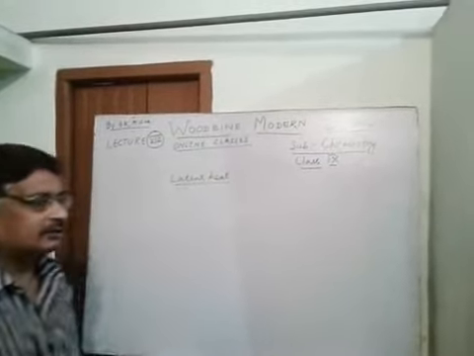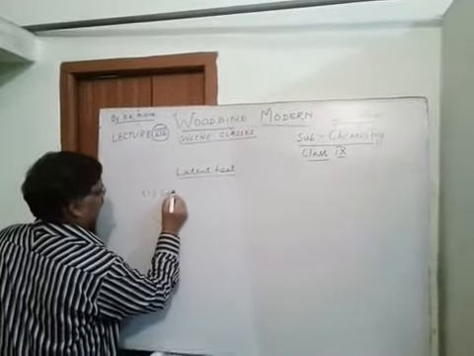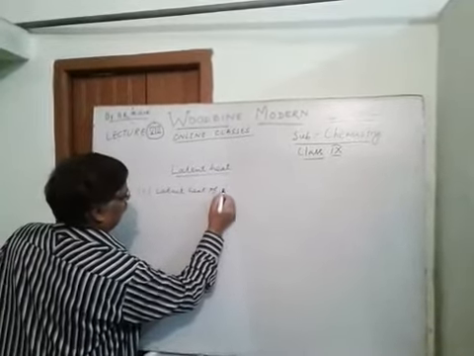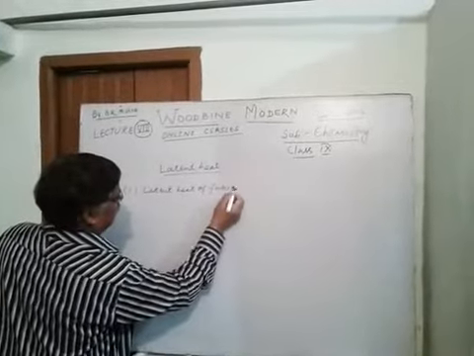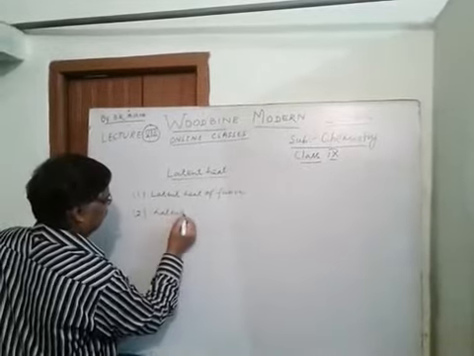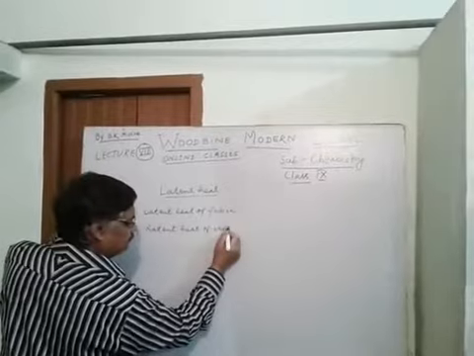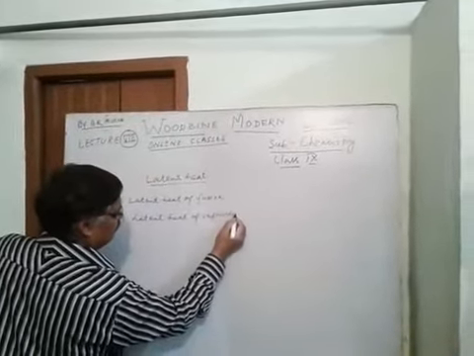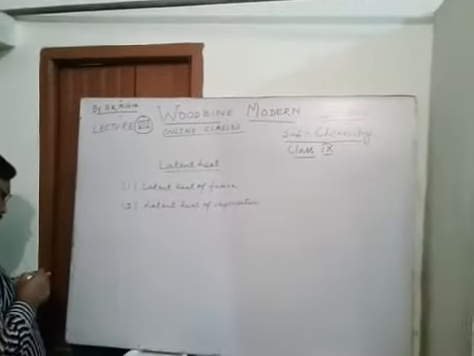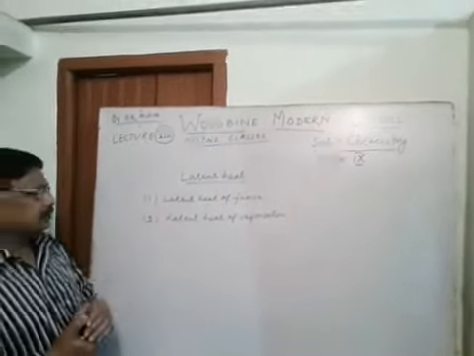So latent heat is of two types. One is latent heat of fusion, and the second one is latent heat of vaporization. Now, what is latent heat of fusion?